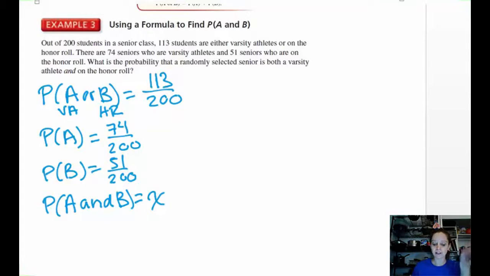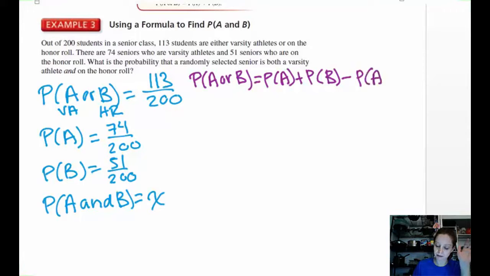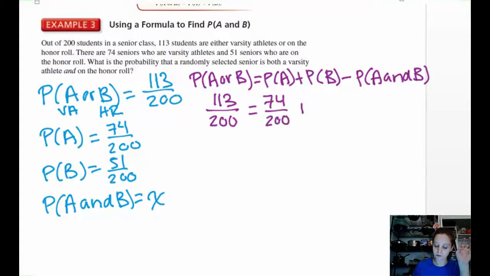We can remember our probability formula from lesson 85, which is that the probability of A or B is equal to the probability of A plus the probability of B minus the probability of A and B. And we have the probability of A or B is 113 out of 200 equals 74 out of 200 plus 51 out of 200 minus x.